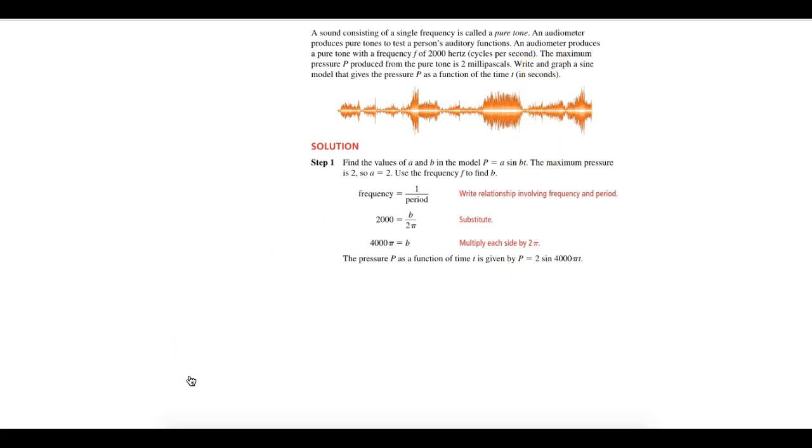Now, when it comes to graphing, let's just do a quick review of graphing the sine function. Remember, in our parent function, sine of x, our period goes from 0 to 2 pi. So 2 pi is the period length for our parent function. Pi is the halfway point.